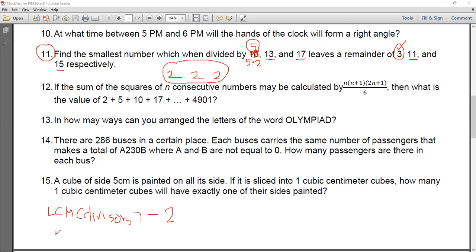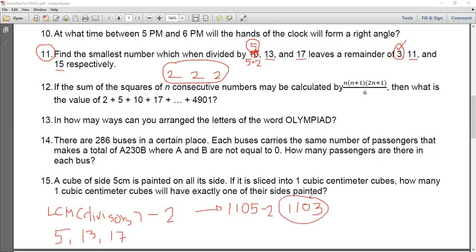The divisors now are 5, not 10, 13, and 17. So we get the LCM of 5, 13, and 17. I'm just going to multiply those three numbers and we will get 1,105 minus 2, and that would be 1,103. So this is now the answer for number 11.